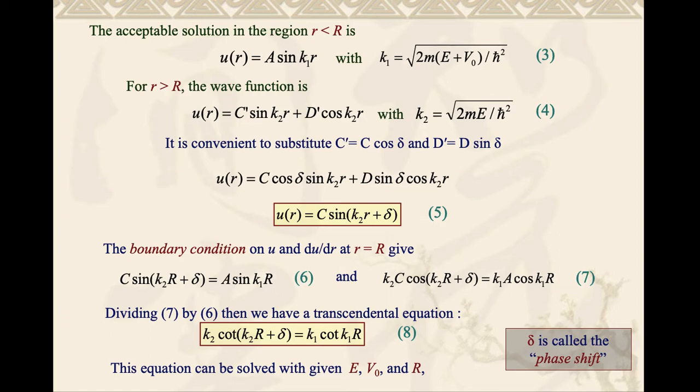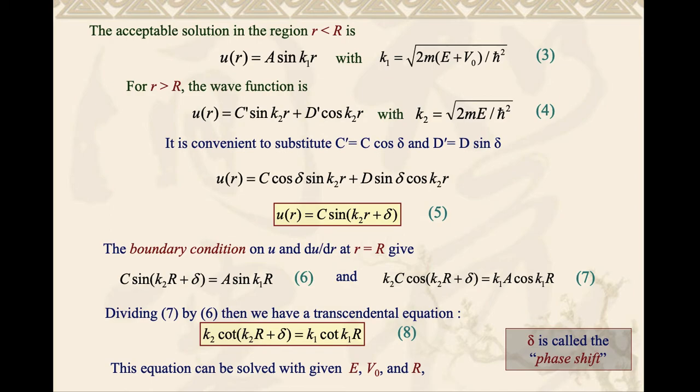For that, you have to add a term with this K2R to get these two values equal. That is why this delta is positive, or the phase shift is positive. By adding that value, you can get these two matched. That is the condition.